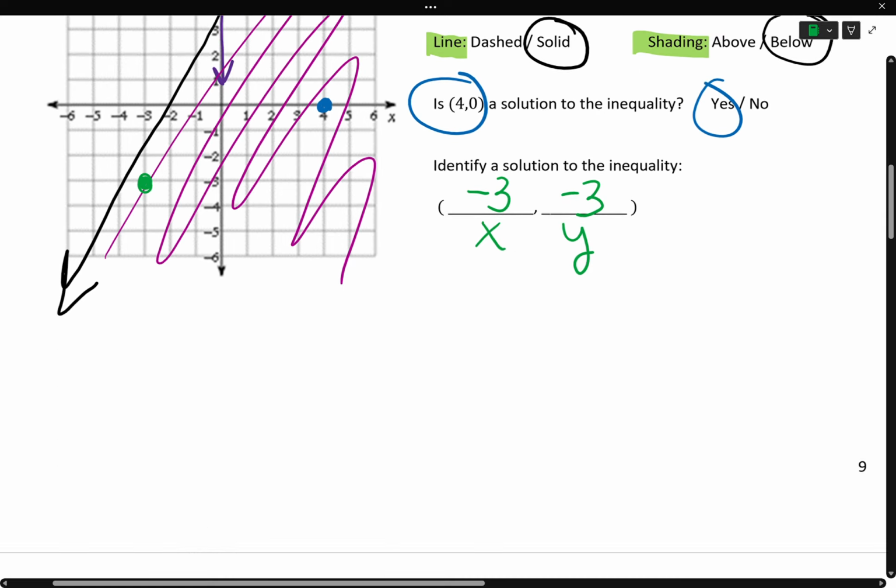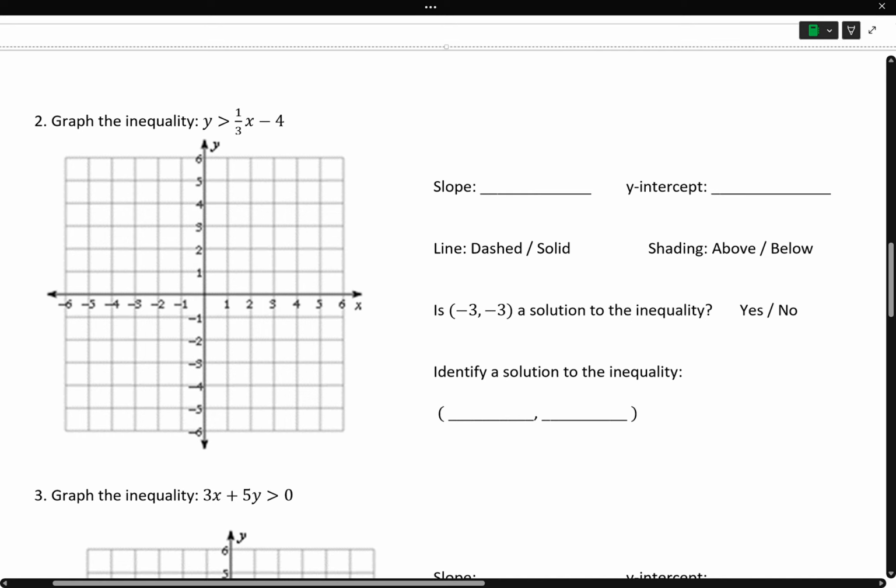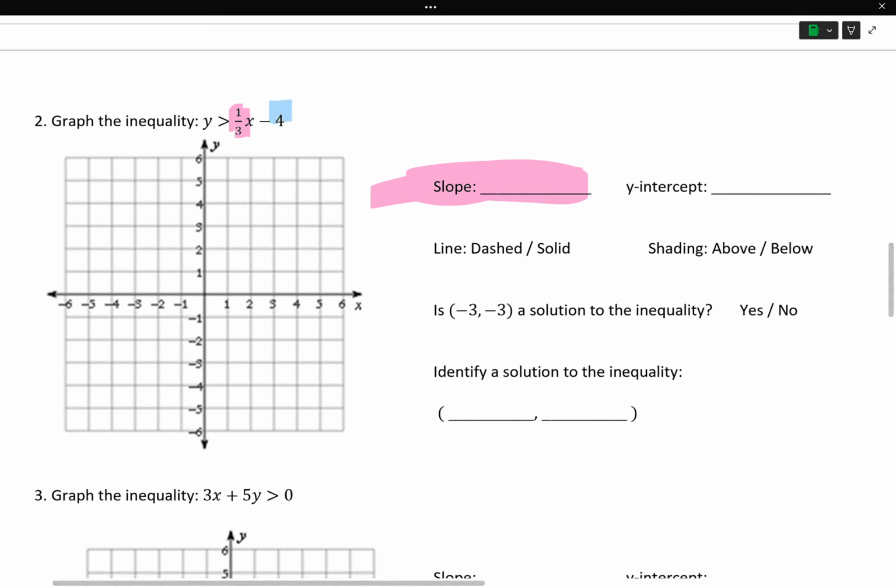Let's try that again with number 2. Let's identify the slope and the y-intercept. Our slope is 1 over 3, which means up 1 to the right 3, and our y-intercept is -4.